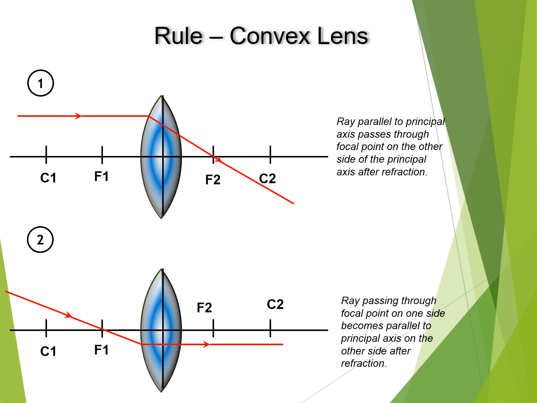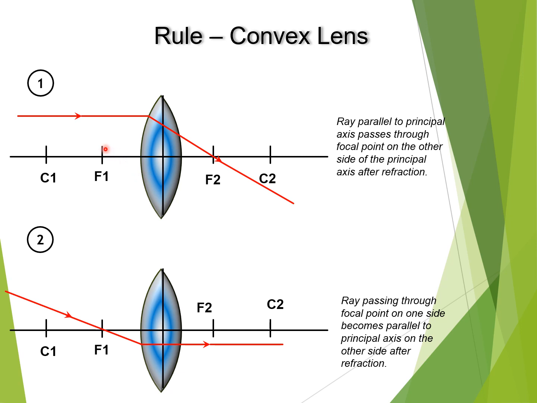Let us understand the rules for the convex lens. Before talking about the rules, let us assume that the light ray is coming from air and falling on a convex lens which is made out of a different medium. This means that the light ray is entering from one medium to another medium. Its speed shall change, and as we have studied, the light ray shall get refracted.